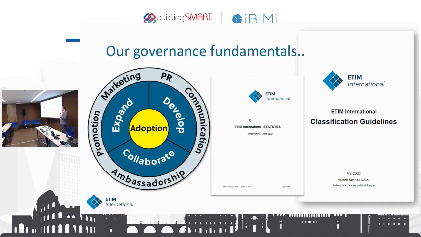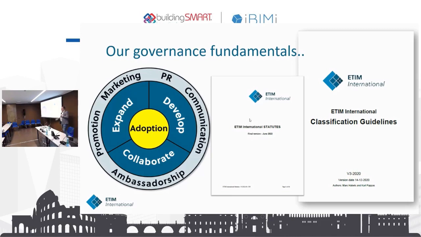So our governance fundamentals rely heavily on a big document of 30 plus pages called the ETIM International Classification Guidelines. And that's a summoning of thou shall not, thou shall do this. And it's very, very detailed, but it helps us. We are an association, so we have statutes. So everything regarding how we run our business is handled in there.